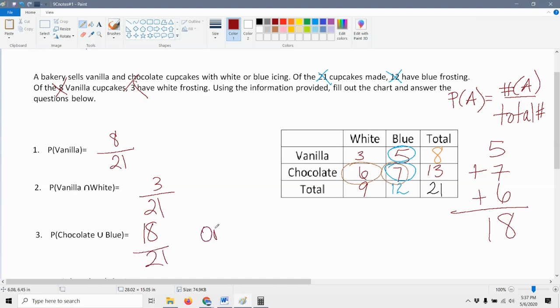And just as a reminder, or is that up-facing symbol, and that means when we have two subsets, in this case chocolate and blue, it could be just chocolate, it could be just blue, or it could be chocolate and blue, so it's that bigger category, okay?